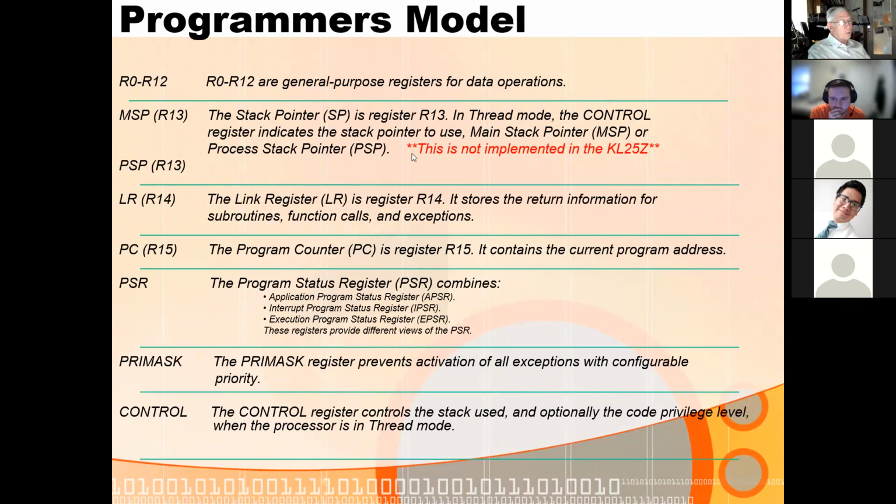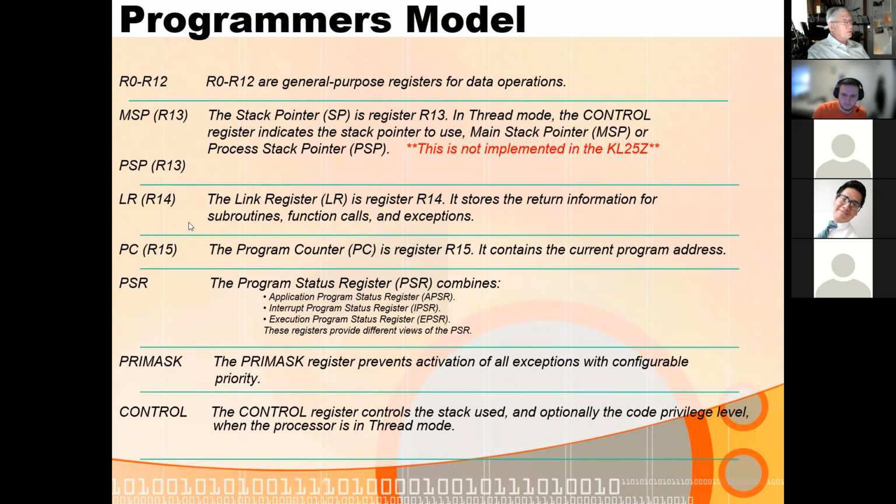But when Freescale designed this chip, they chose not to implement this feature. And so there's only one stack pointer, which is register 13. And there is a bit in the status and control register that selects which stack pointer you're using, which doesn't do anything on this chip.